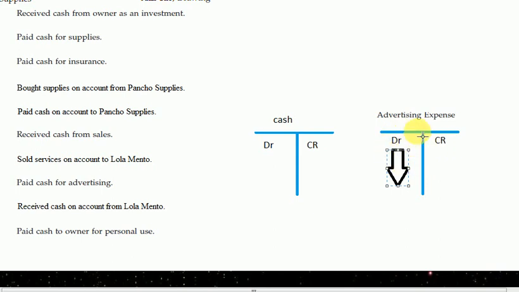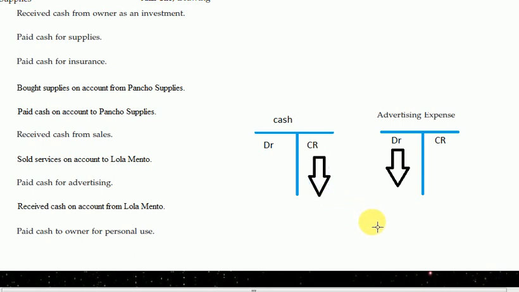That's the reason why whenever you see expense account, it's always debit. No matter what, expense will debit your capital. Expense will debit your owner's equity. And you pay cash. You pay cash, you have less cash, so cash is credited.